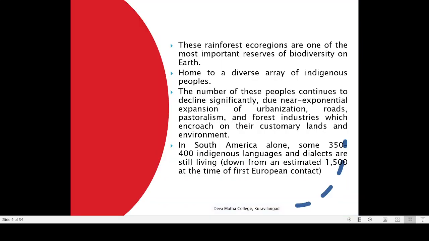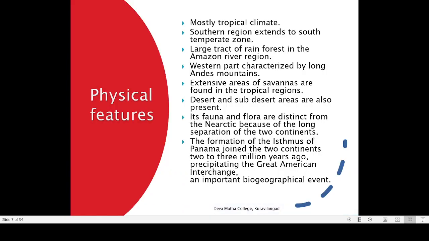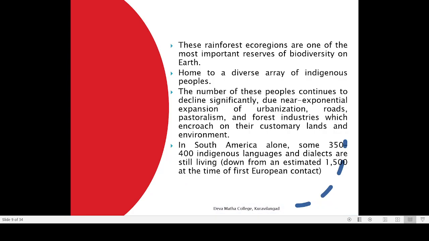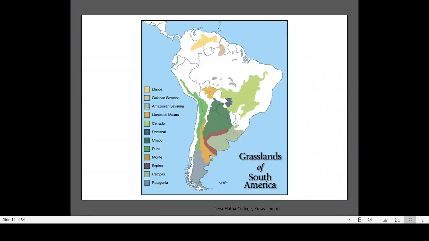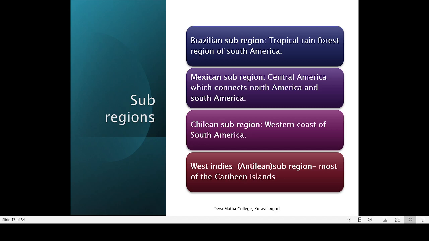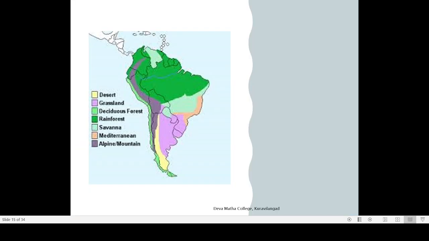Then coming to another area: the rainforest ecoregions are among the most important reservoirs of biodiversity on Earth. The Amazon has a lot of plants as well as animals, and is now considered one of the biological hotspots, because the world body has identified 25 major regions in the world as biologically rich regions, or biological hotspots.